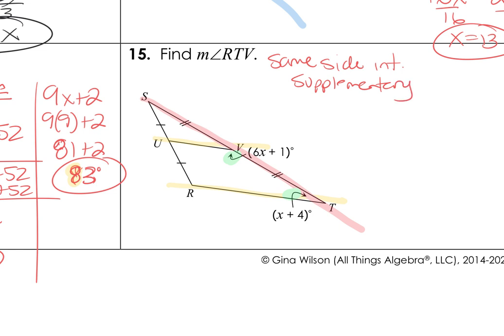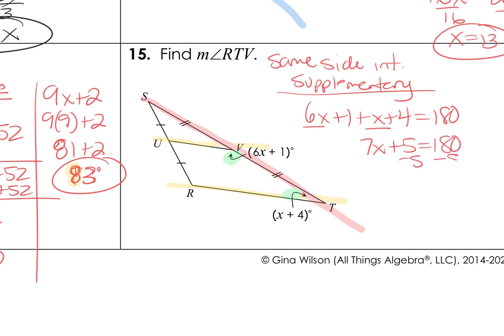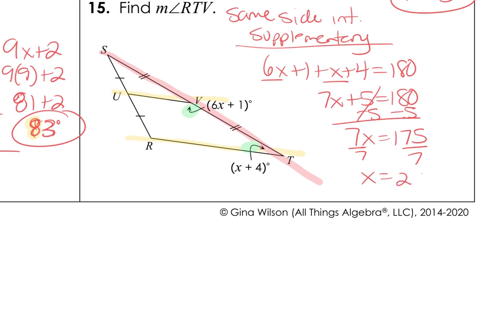So let's set up the proper equation. 6x plus 1 plus x plus 4 equals 180. Combine like terms, and now we can solve it. So we end up getting x equals 25.